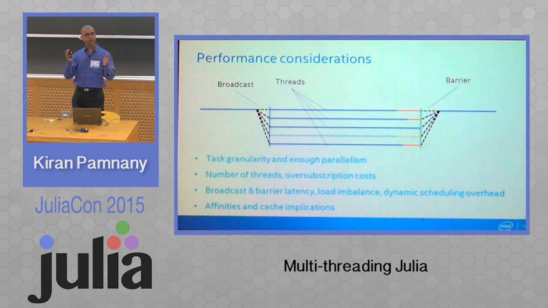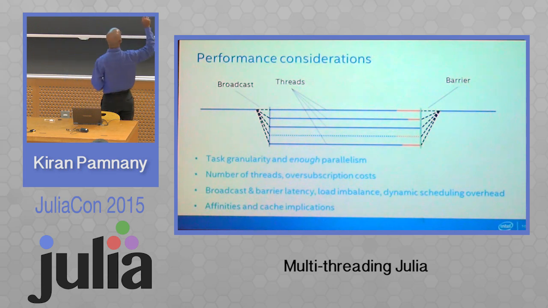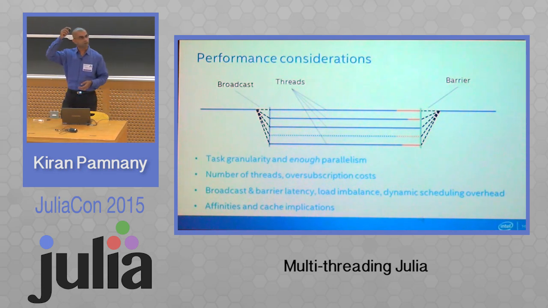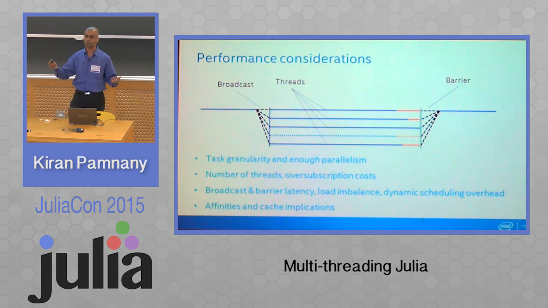Static partitioning of tasks, even if the tasks are roughly of the same size, can still end up with, so those orange parts of the bar over there are supposed to indicate when that thread finished all its assigned tasks and has nothing else to do. It kind of sits around waiting, and that's load imbalance, right? And load imbalance can typically be pretty bad, a very big time consumer in your parallel programs, more than you'd expect.